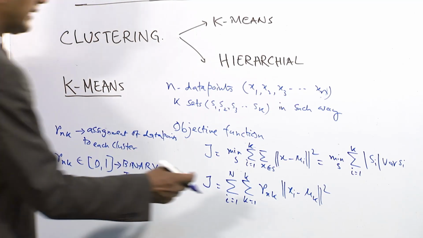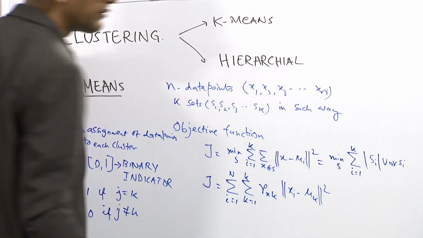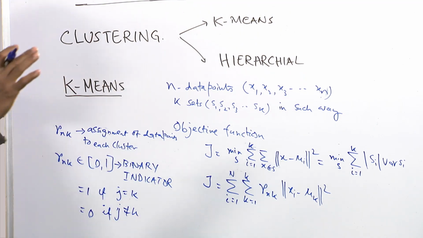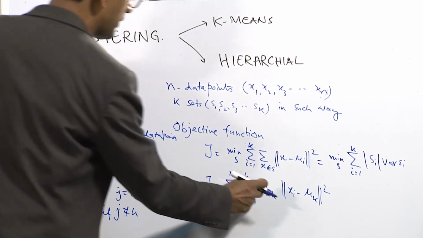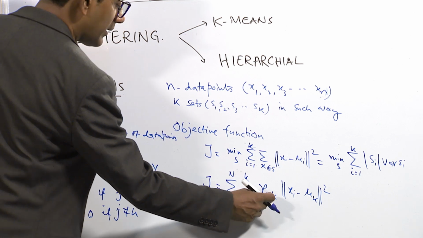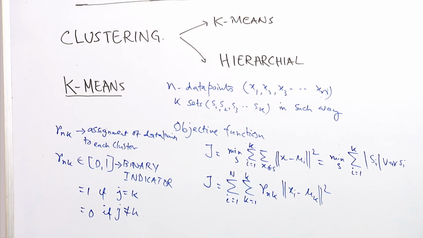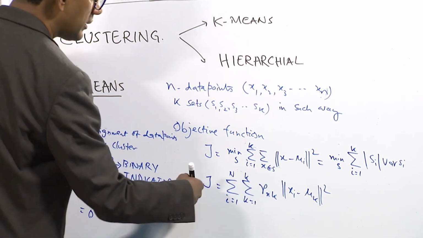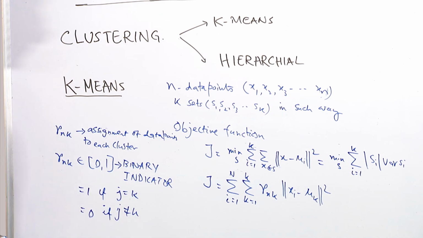So, you can clearly see all these problems of variance of S, everything is vanished just by putting this particular binary indicator. Well, when the binary indicator is 1, then only this sum is required. If the binary indicator is 0, then the sum is 0. Am I clear? Now, once you have this function, that means what?